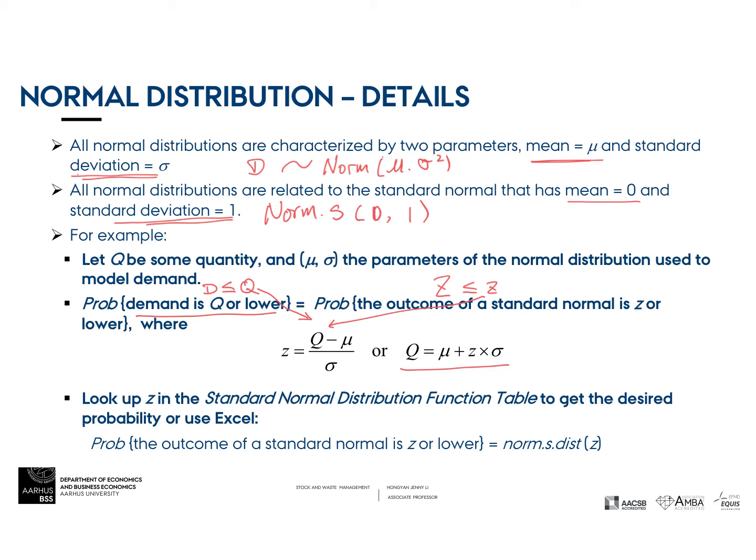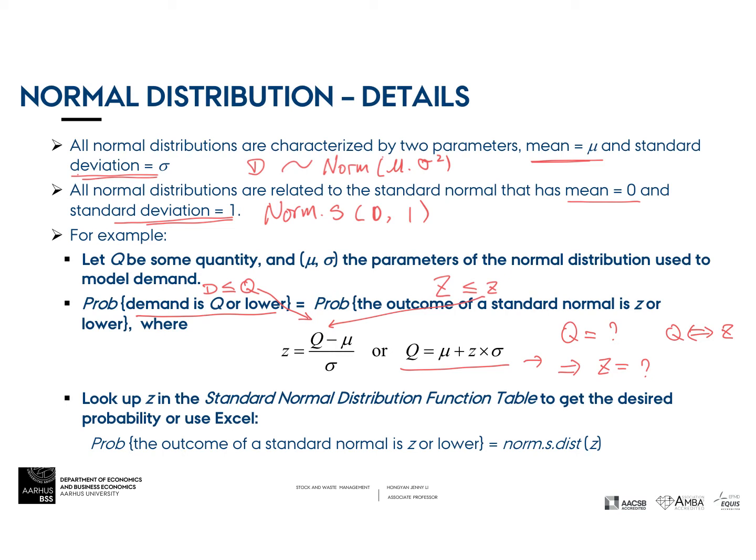Then the question turns into this: if you initially would like to decide a value of order quantity Q, now you can transform your problem into finding a critical value z for your decision. So that's basically saying Q is equivalent to the decision of z. And how do we find the value of z?